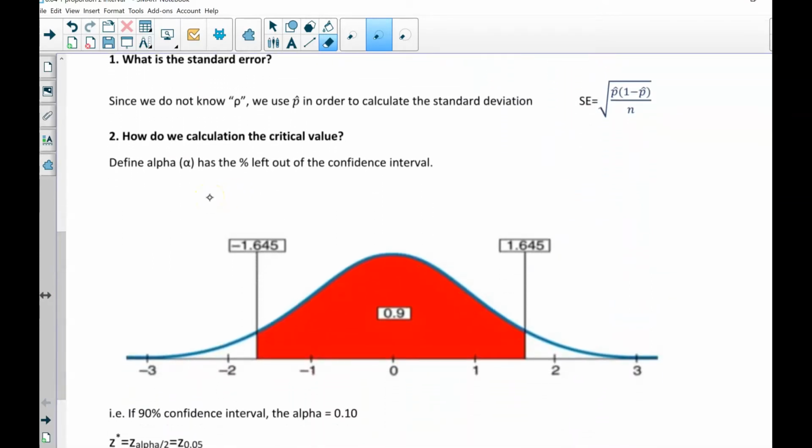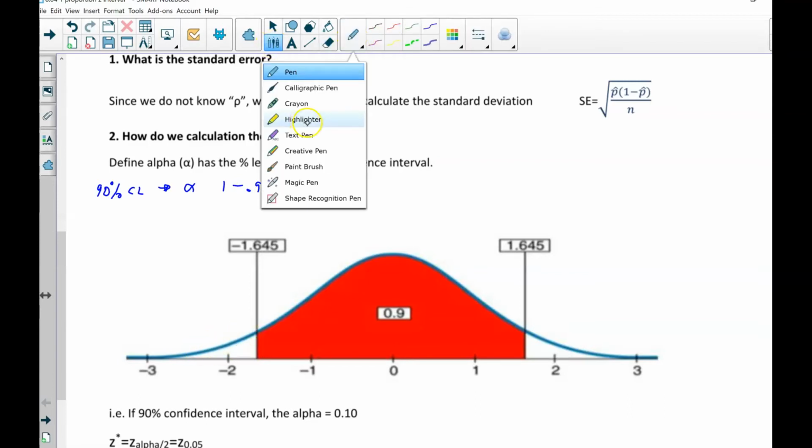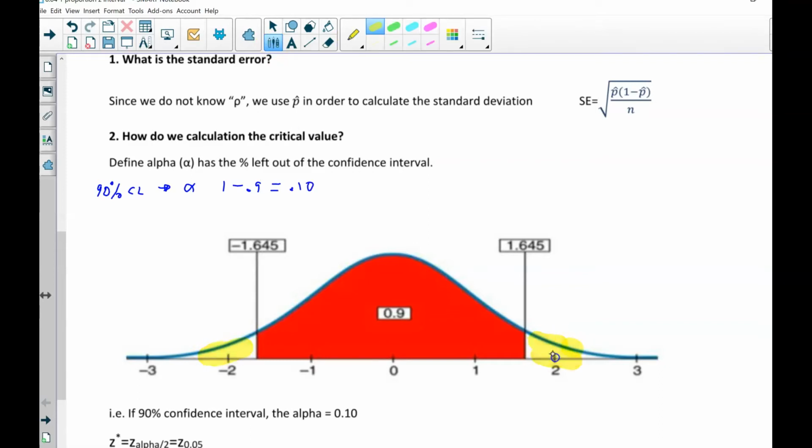We went over in the last lesson how to calculate the critical value. The critical value is based on whatever confidence level you choose. So if you're choosing a 90% confidence level, then to get alpha, you would do 1 minus 0.9, which is 0.10, and that actually is the area in the tails of the normal distribution, here and here.